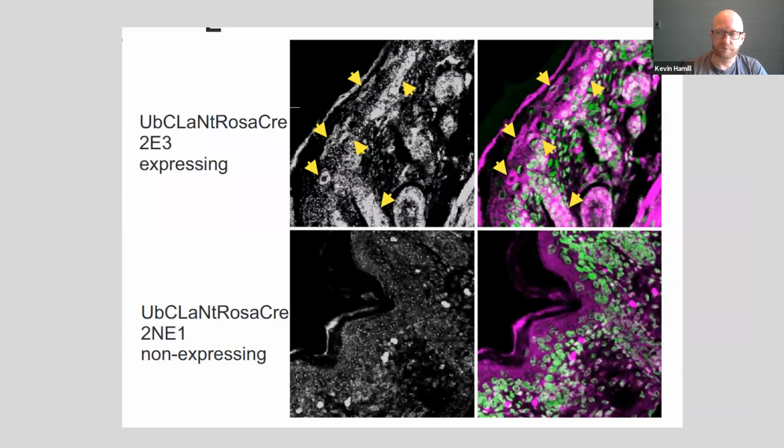And when we look for the mCherry, or the tdTomato signal in the skin, using an antibody to amplify the signal, we can see lots of expression in the expressing animal that we don't see in the non-expressing. So from now on, you'll see them labeled expressing and non-expressing because we did these tests.